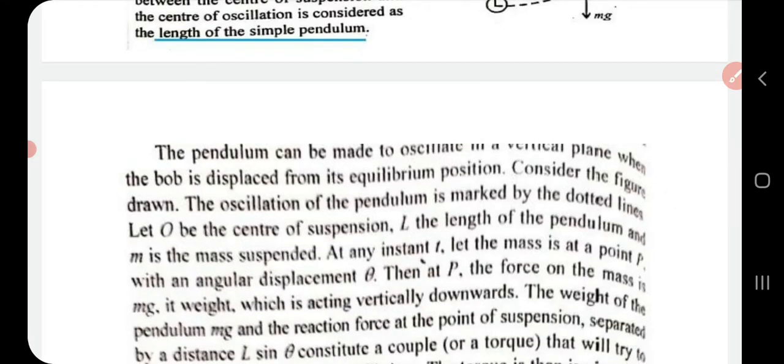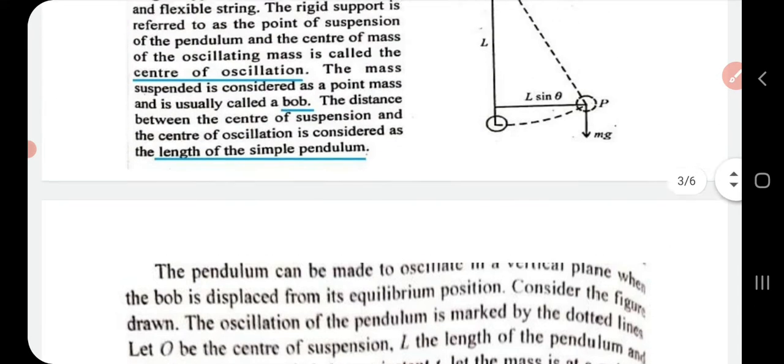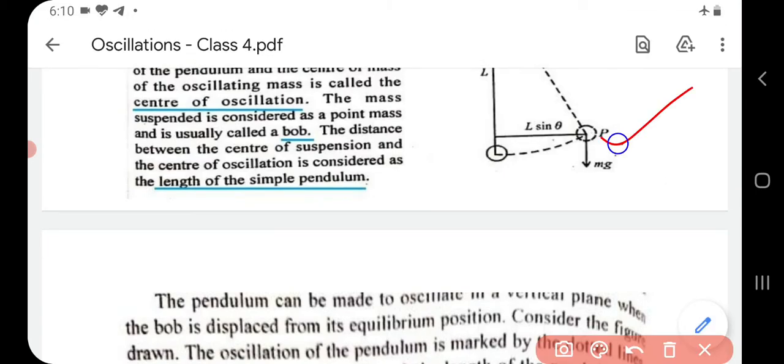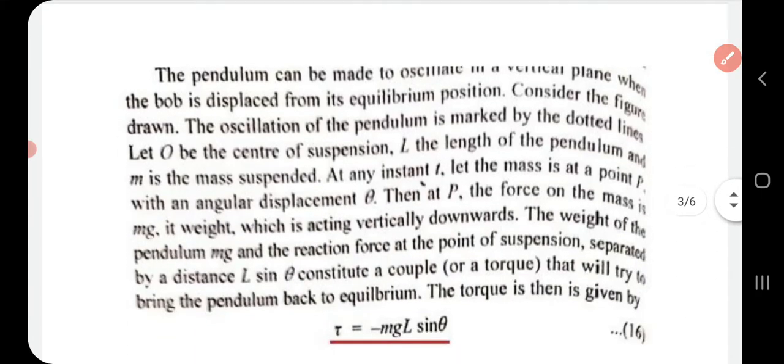Now at the point P, the force acting on the mass is mg, acting vertically down. The weight of the bob, mg, acting vertically downwards, and the reaction force at the point of suspension will produce a couple or torque.